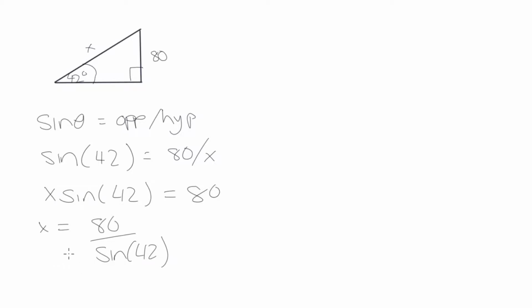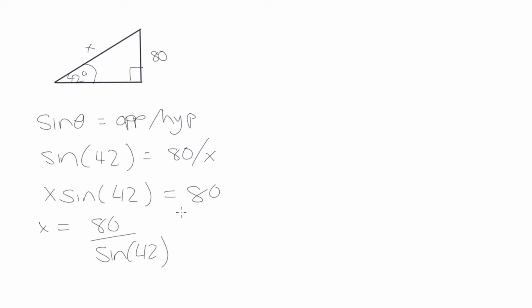Now, if you take out your calculator, you can plug it in exactly as it is here. 80 divided by, press the sine button and enter 42 in the brackets. Another thing to make sure is that your calculator is in degrees. You have the option to set your calculator in degrees or in radians, and you want to make sure that your calculator is in the degrees setting.